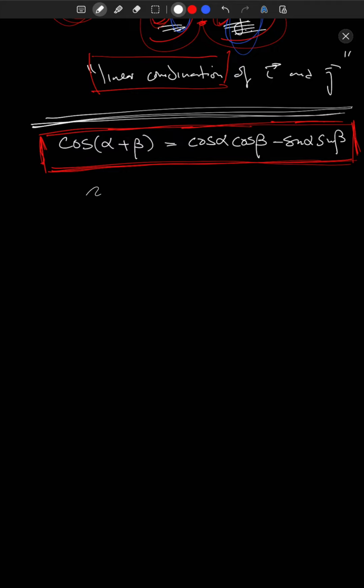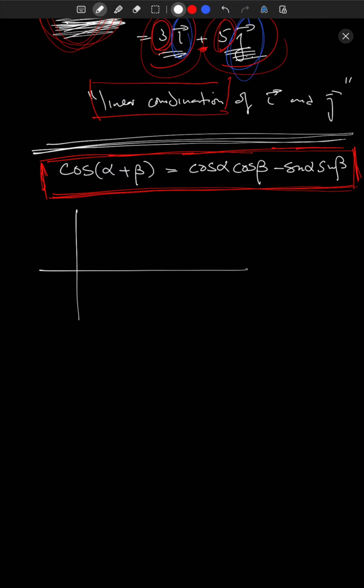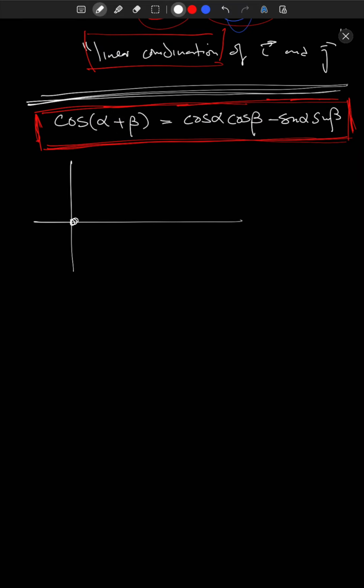The way I'm going to do this is like this. I'm going to draw a vector of length 1, where this angle here is alpha. I'm going to draw another vector also of length 1, and this is where you can see unit vectors are nice. This length 1 makes our lives a little easier.